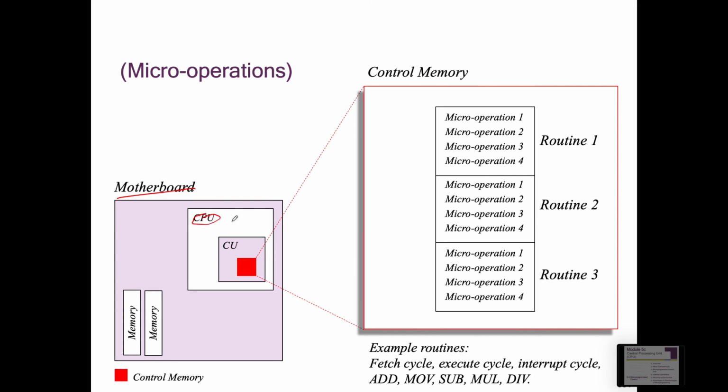Inside your CPU, of course, you're going to have the ALU, and also your registers, and another one is your CU, which is the control unit. So inside your control unit, you have this red color called the control memory.